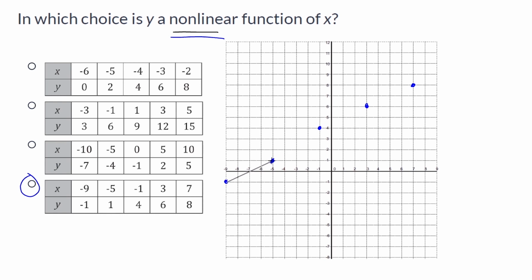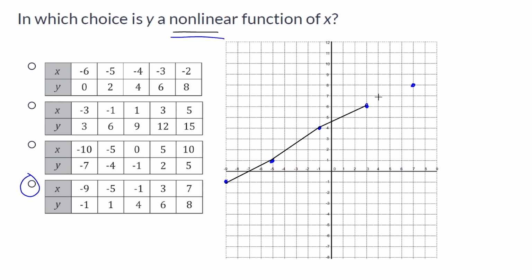If we were to connect these points here, we can see that the rate of change is up 2 over 4, which can be reduced to up 1 over 2, or 1/2. So the rate of change between these 2 points is 1/2. But then if we take a look between these 2 points here, we would have to go up 3 and over 4, which is a different rate of change. And then between these 2 points, we would go up 2 over 4, which is 1/2 again.